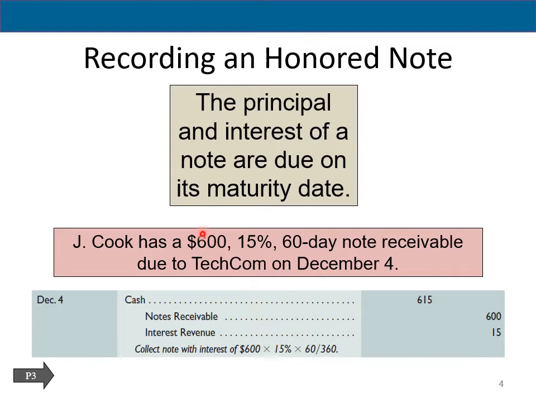We can compute that interest: $600, 15%, 60 divided by 360, $15 worth of interest revenue. The face amount of the note is the 600. So the payee is going to receive $615 total: $600 in principal, $15 in interest.